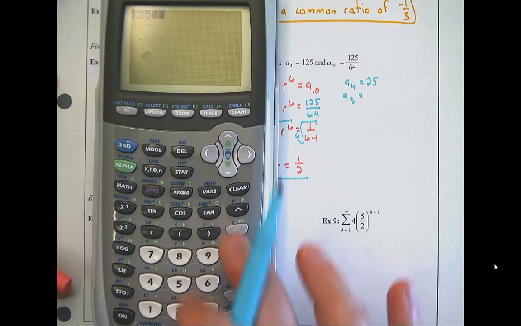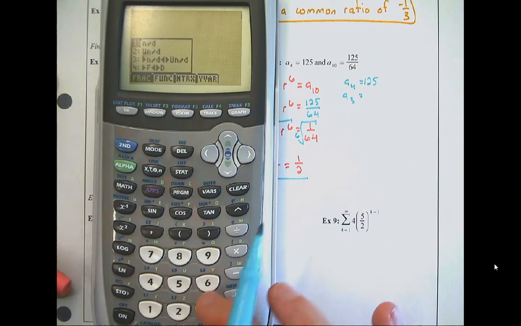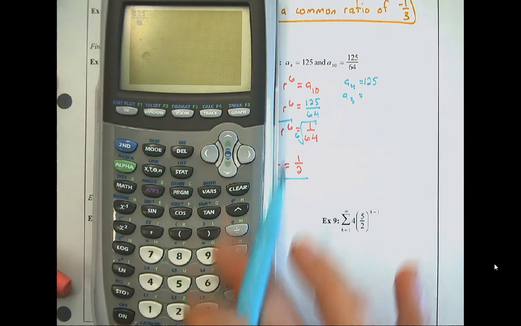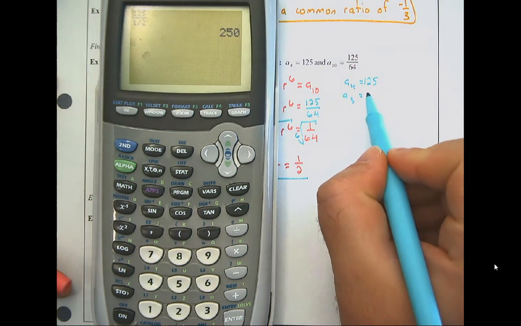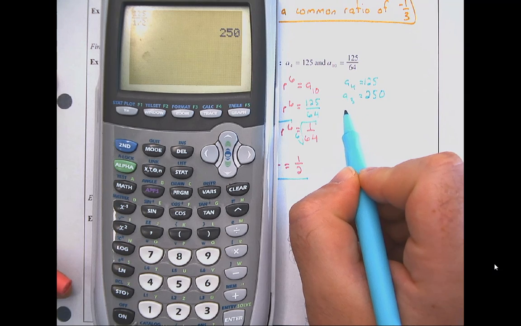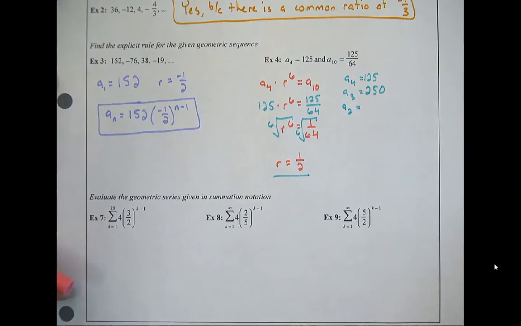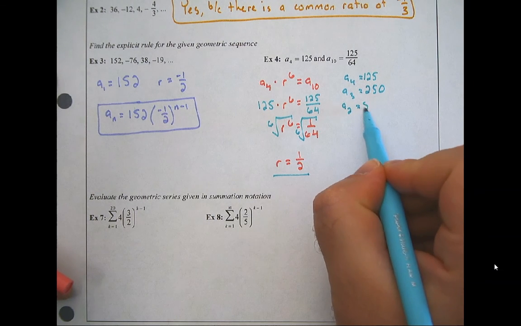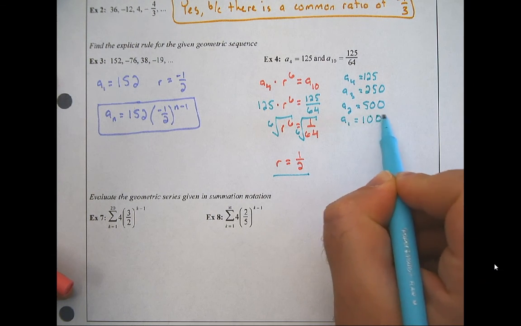So I need to take 125 and divide by 1/2, and I get 250. Well, that makes sense. Dividing by half is like doubling. So I'm not going to keep doing it on my calculator. A sub 2 then would be 250, gets doubled to be 500. A sub 1 doubles to be 1,000.